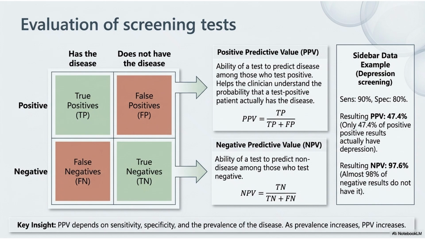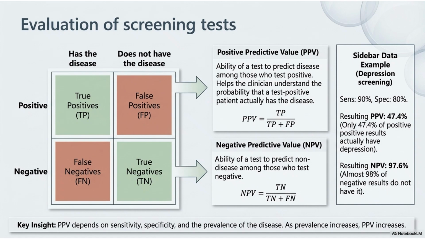Specificity 80% means 80% it will identify correctly as non-diseased, but 20% it will give false positive result. So though 20% who are not having disease also, it will tell they are having disease. And positive predictive value of 47.4 means among those tested positive for depression with this particular screening test, only 47.4% are actually having depression.